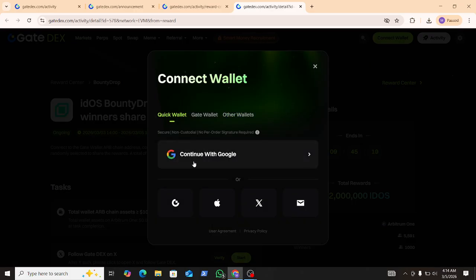You can share through continue with Google, X account, your Gmail email account, continue with Apple, continue with Gate.